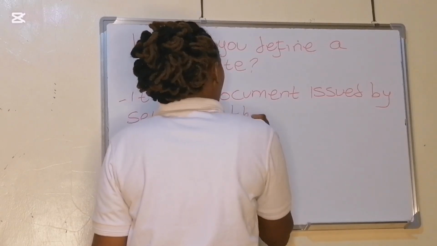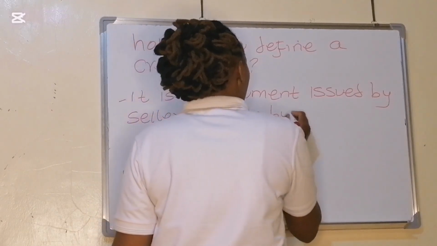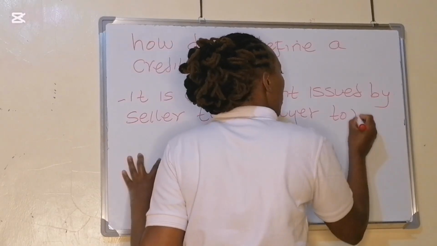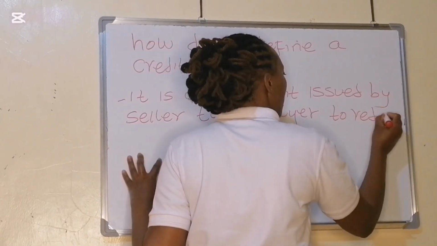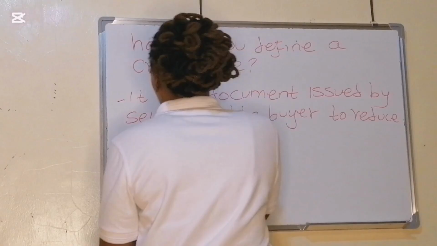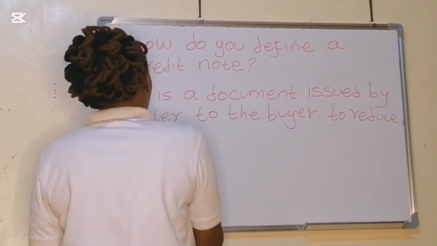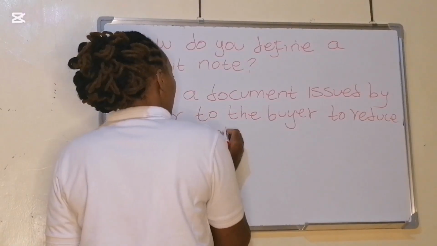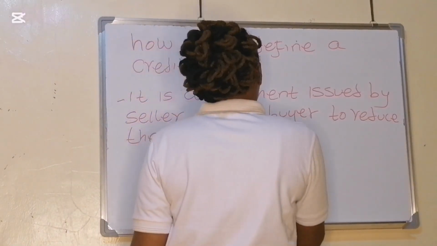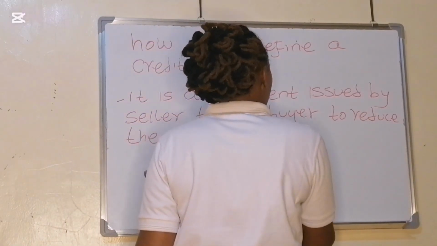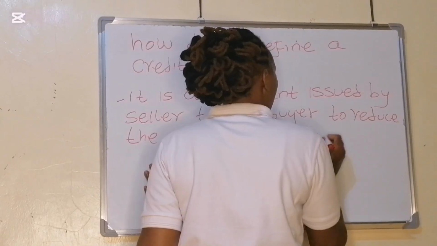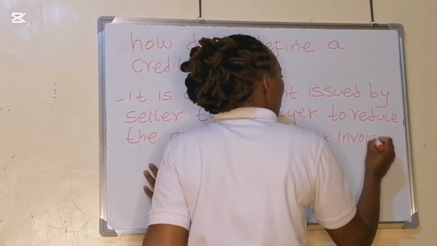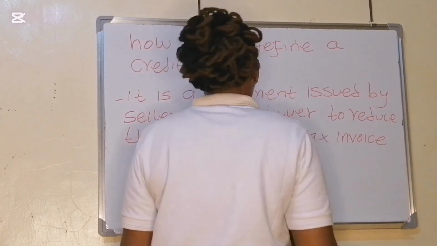You are issuing it to the buyer to reduce the amount in the tax invoice, the invoice you have already given to the buyer.